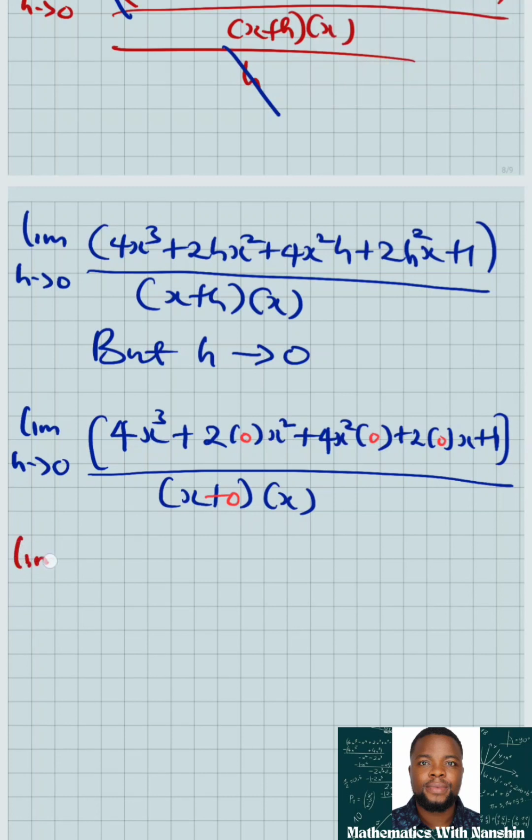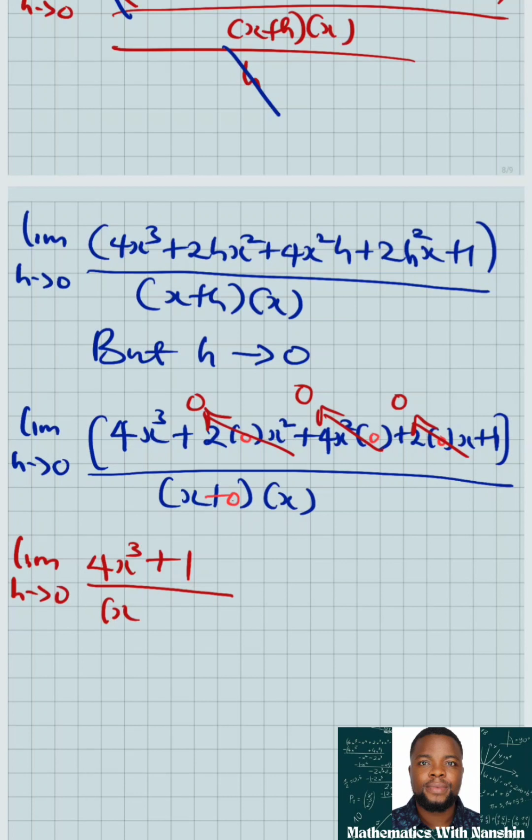If you do that, you have limit as h approaches 0. Of course, this multiplied by 0 is 0, this multiplied by 0 is 0, this multiplied by 0 is 0. So here we have 4x cubed, that's what is left, then plus 1, because all these ones are 0 now. Then all over x plus 0.